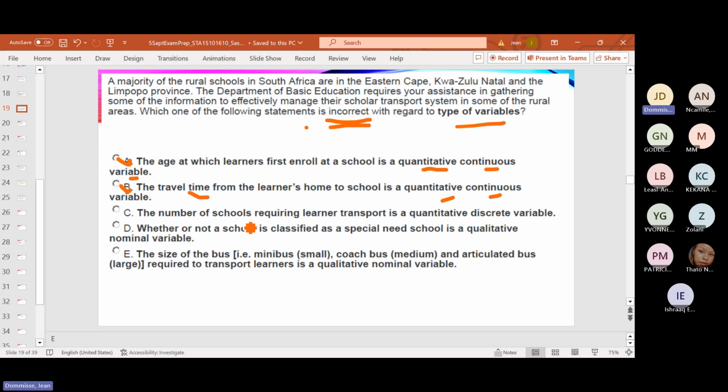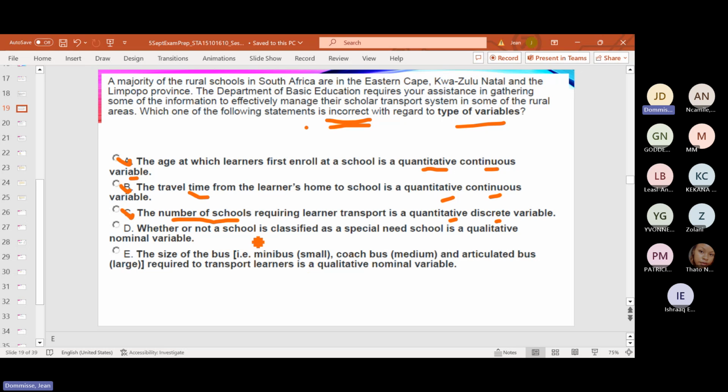The number of schools, that tells me it should be discrete, because they say the number. The number must be 1, 2, 3, 4, 5, 6, or 7. So the number of schools requiring learner transport, quantitative discrete, is correct.